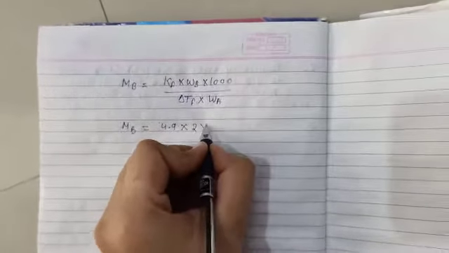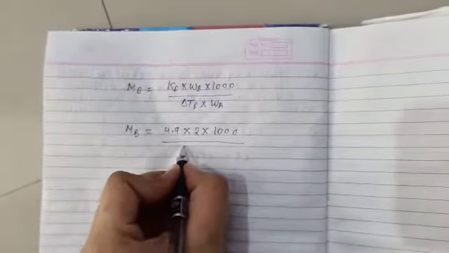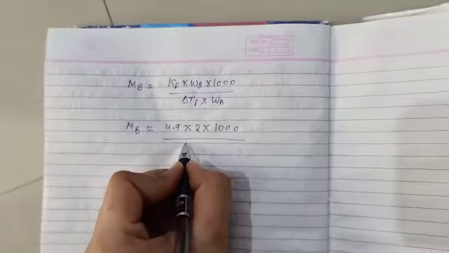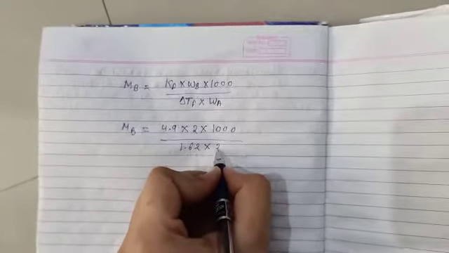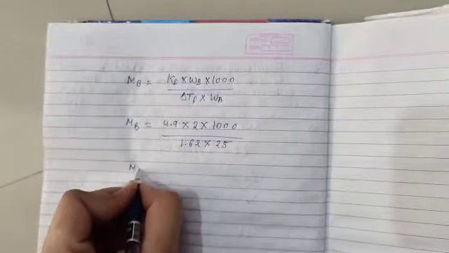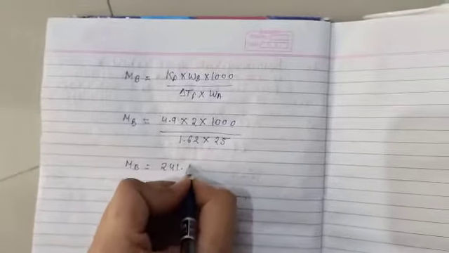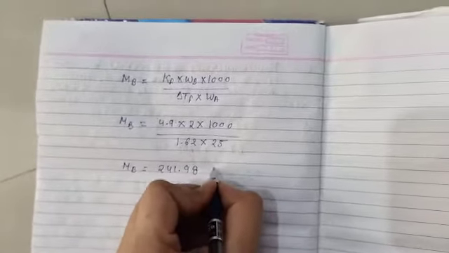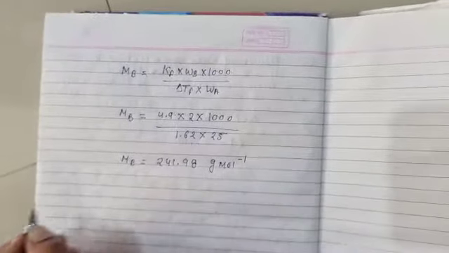WB is 2 gram. Delta TF, which is given, is 1.62, and WA is 25. Solve it. When we solved, we found MB is 241.98 gram per mole.